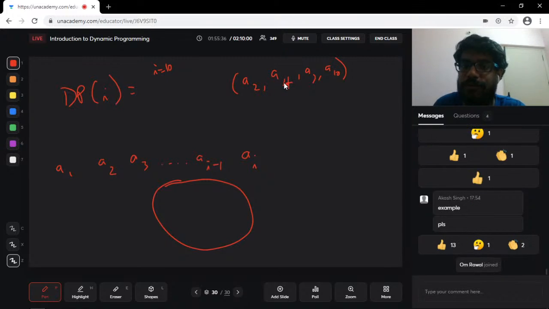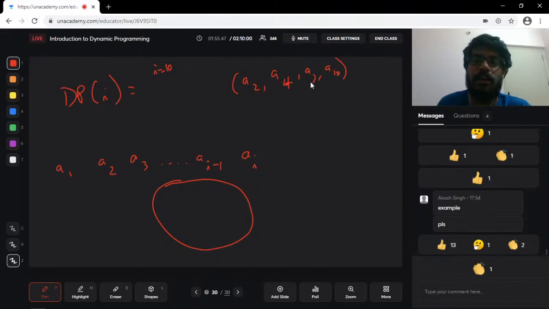If A2 is less than A4, which is less than A7, which is less than A10, then this is a valid increasing subsequence ending at A10. Now I'm asking, the last element is A10, that's compulsory. Which was the previous element? In this case, the previous element is A7.